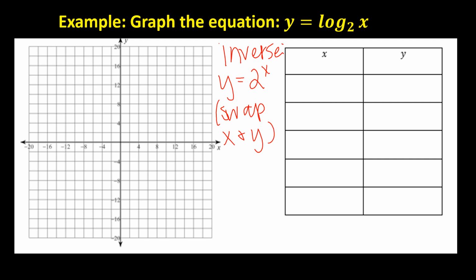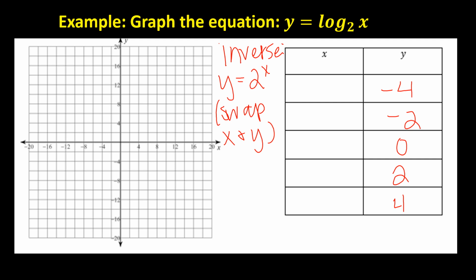So when we graphed exponential functions, we said, okay, for our x values, we are going to plug in positive and negative numbers. This time, we're actually going to put those for our y values. So I'm going to count by twos. So -4, -2, 0, 2, 4.